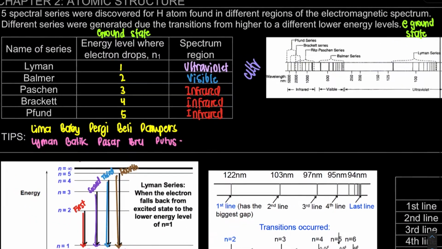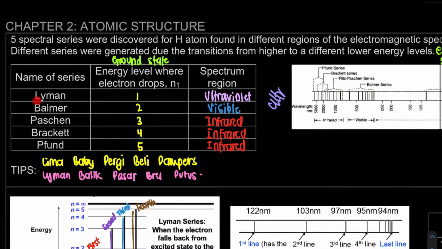Remember, the Lyman series will be in the ultraviolet region. The Balmer series will be in the visible region, whereas the Paschen, Brackett and Pfund will be in the infrared region. You have to memorize which one is which. Lyman is UV, Balmer is visible, and these three are infrared.